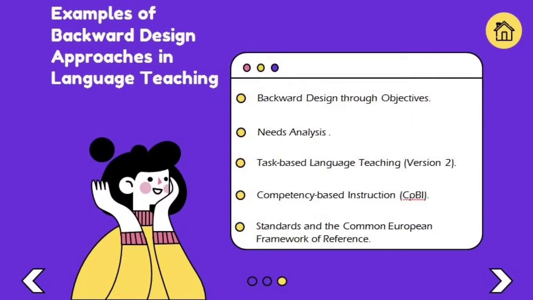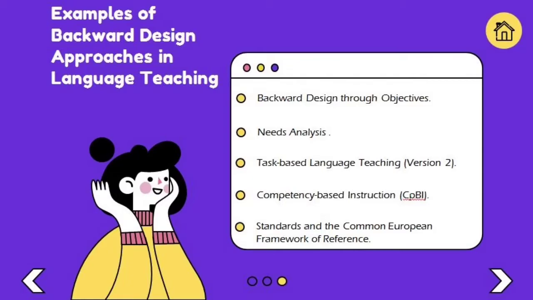Okay, I'm Mayrosi Mademuliani. In this material, I want to explain examples of the backward design approach in language teaching. First, backward design through objectives. Tyler's work had a considerable impact on curriculum planning and helped establish the use of objectives as a planning unit in instructional design.